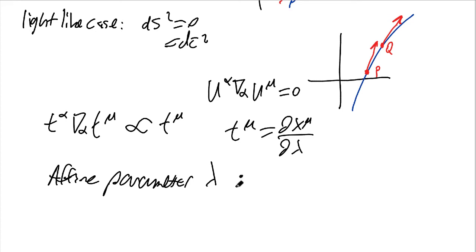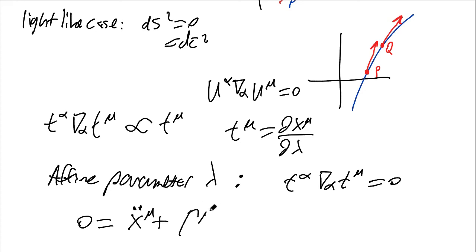So for an affine parameter, the equation that describes null rays or light rays is T alpha del alpha T mu equals 0. Or in terms of components, it's just the equation x mu double dot plus gamma mu alpha beta x dot alpha x dot beta equals 0.